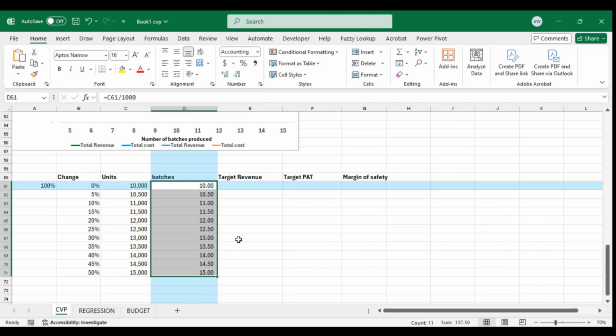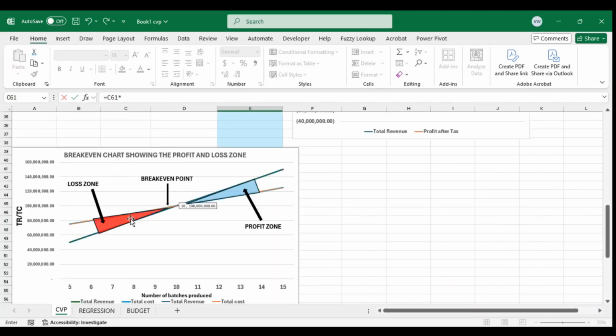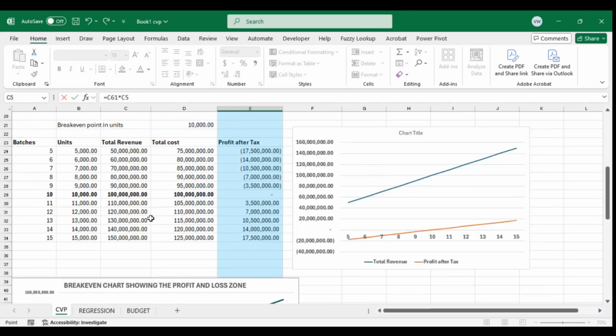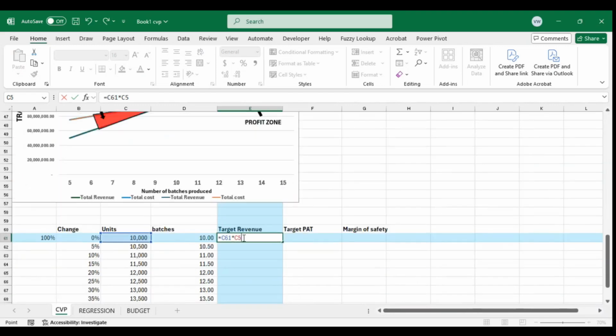So now that we have that, we can get the target revenue. The target revenue, we just take the units times the selling price. Remember, the selling price is constant, so I'll just take the number of units and multiply by our selling price, which is 10,000 shillings per unit, not 10,000 units, but 10,000 shillings per unit.